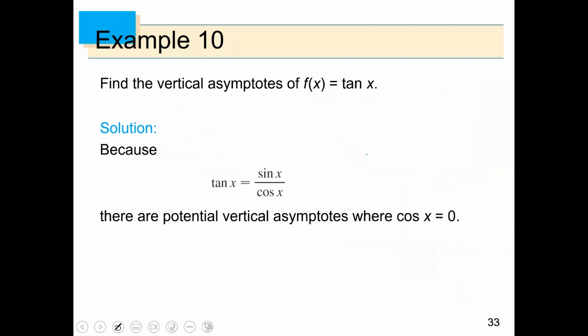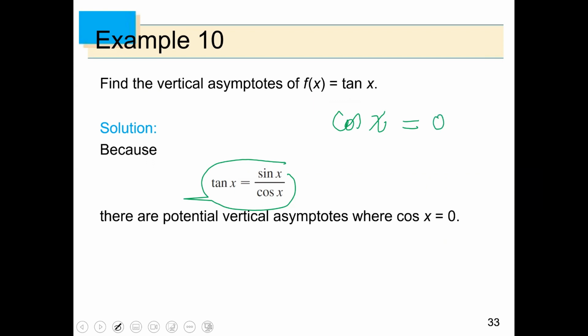Look at this example here. We have to find the vertical asymptote of tan x. We remember that tan x is sine over cosine. Since we have cosine in the denominator, we have a problem, for sure, when cosine x is equal to 0.